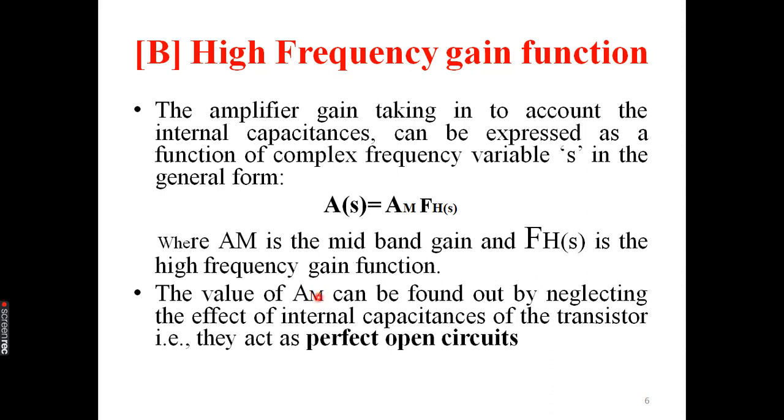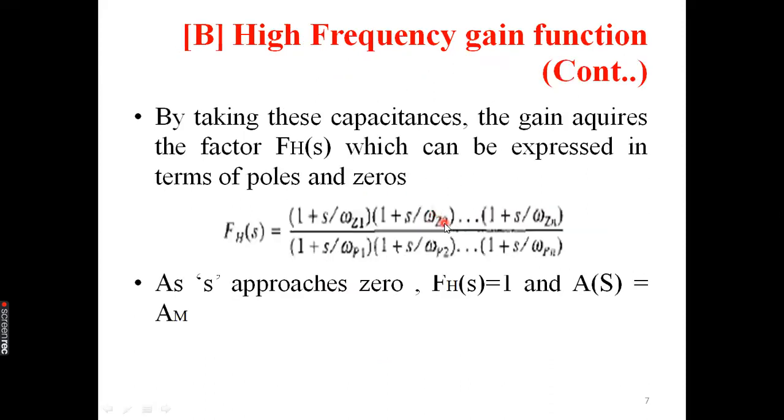So whenever all the capacitances are taken as open circuit, whatever gain we calculate from this amplifier is called the midband gain AM. But later, the gain will change depending upon the frequency. That change in gain can be approximated by this particular equation, A of S equal to AM into FH of S, where FH of S is called the high frequency gain function. I hope you have written this. Now let us discuss in more detail about this FH of S.